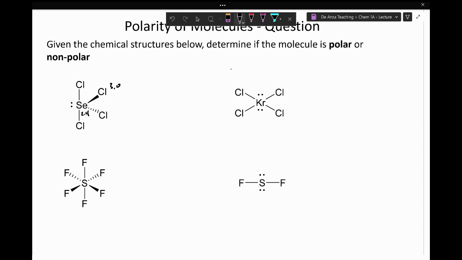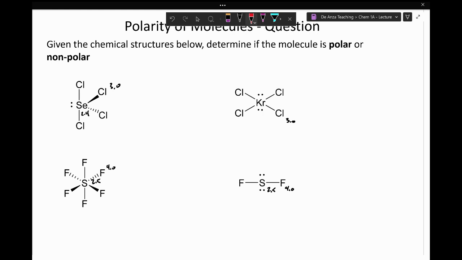Fluorine is 4.0. Sulfur is 2.5. Sulfur 2.5. Fluorine 4.0. Chlorine, as before, 3.0. And then for krypton, it's just lower. We typically don't report the electronegativity for those noble gases. So pause the video here and then come back, and then we'll talk about the polarities.